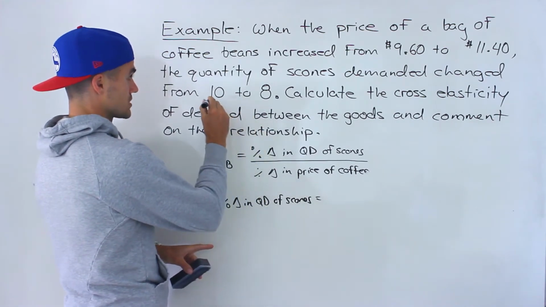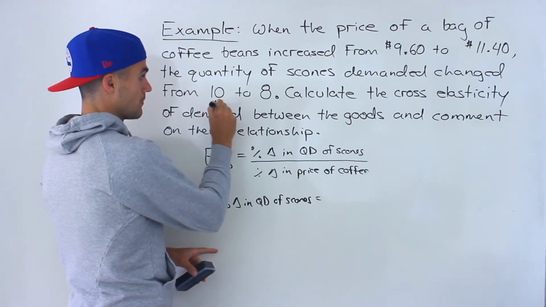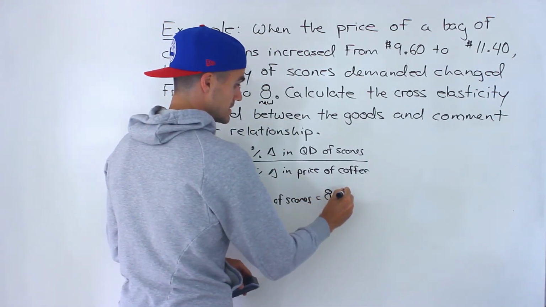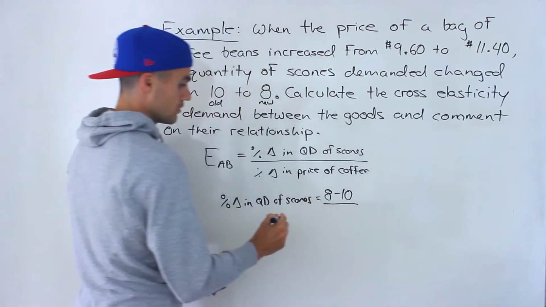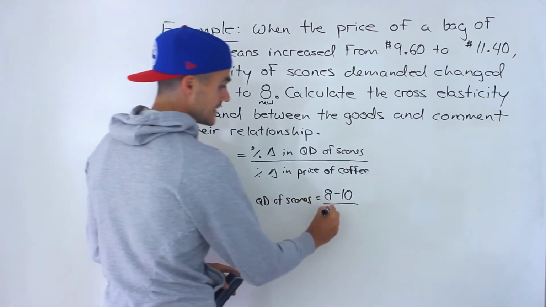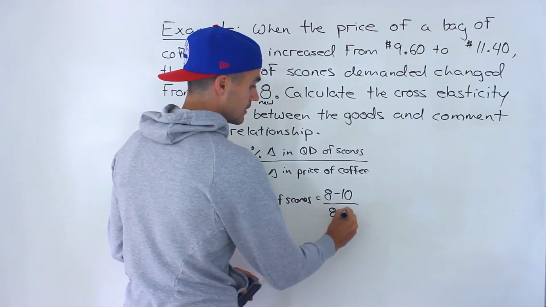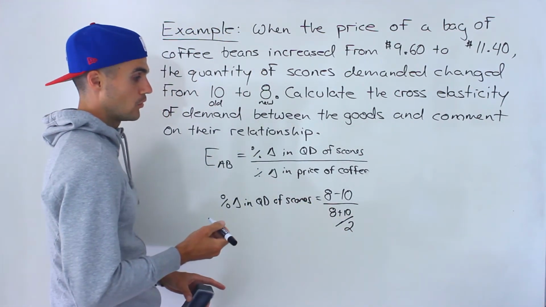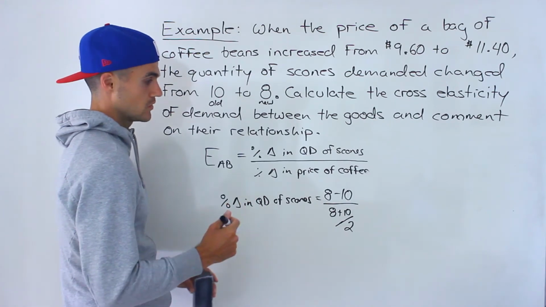Notice it's going from 10 to 8. So this is the old amount, and this is the new amount. So we'll have 8 minus 10 over the average quantity demanded of scones, which would be 8 plus 10 divided by 2. Basically the midpoint between 8 and 10, which would be 9.